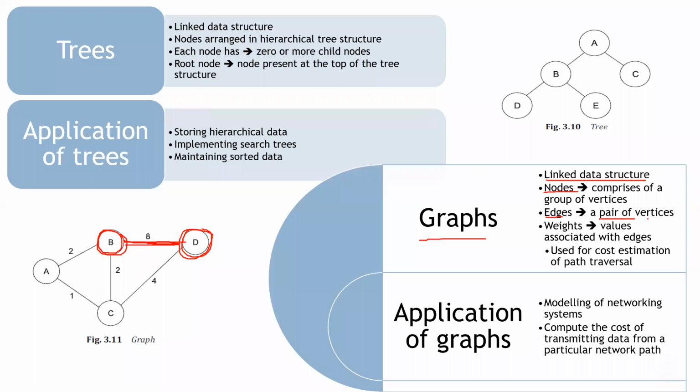So an edge is a pair of vertices. We specify that these two together form the edge. It is nothing but the linkage that we have. Now, each edge is actually associated with something called weight. This is something referring to a cost element.